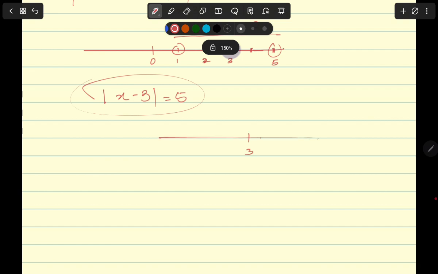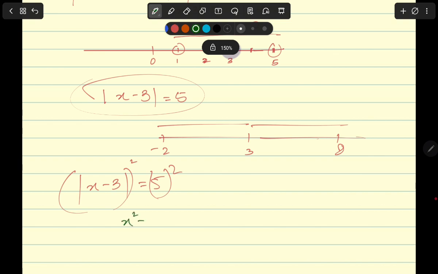So if this is 3, then 8 is going to be 5 units away, and negative 2 is going to be 5 units away. So that is the answer to this question, and we will explore it later. If I square both sides, because squaring only retains the positive number, this gives me x squared minus 6x plus 9 minus 25 equal to 0.